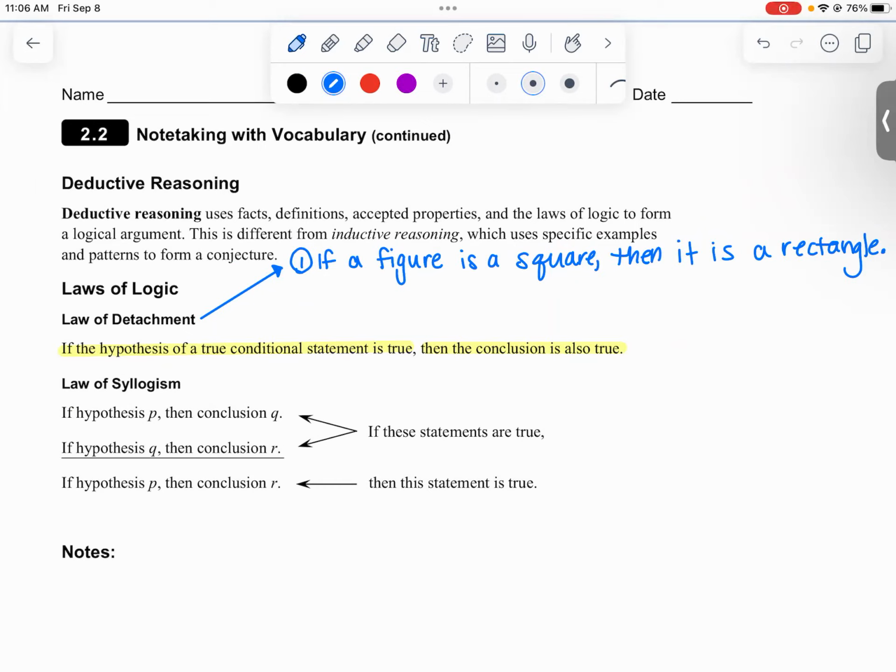Rectangles are not always squares, but squares are always rectangles. It's not a biconditional.